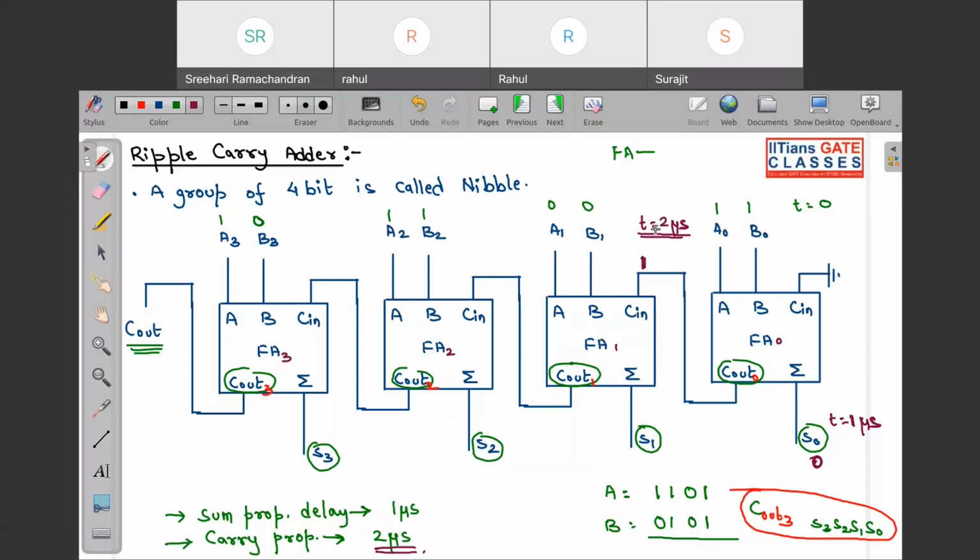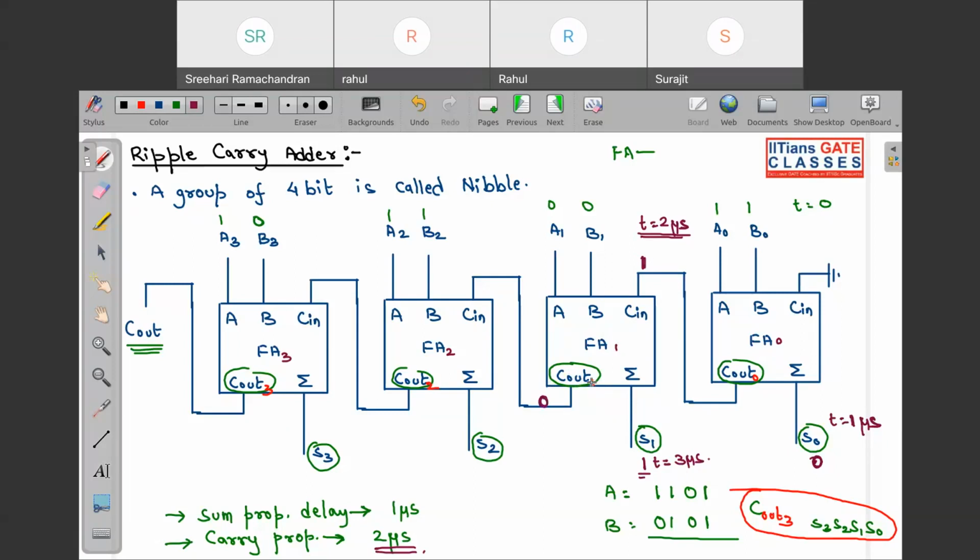Now at 2 microsecond, this full adder 1, FA1, got all the input. So this S1 will be equal to 1 at t equal to 3 microsecond. Why? Because there is some propagation delay. So I will get this after 3 microsecond. And this Cout will be generated after 2 more microsecond. That will be 0.